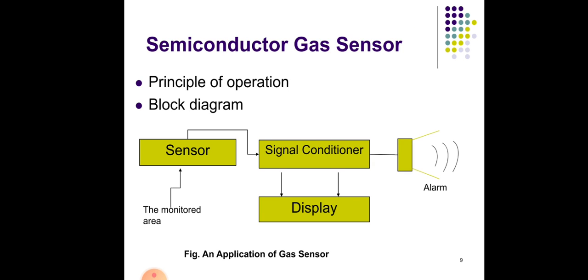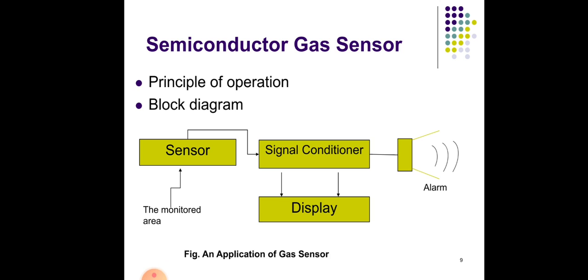Now, next sensor is semiconductor gas sensors. Principle of operation. The semiconductor gas sensor can detect the presence of gases by a chemical reaction that takes place when there is direct contact between the gas and the sensor. The most commonly used material in semiconductor gas sensors is tin dioxide.